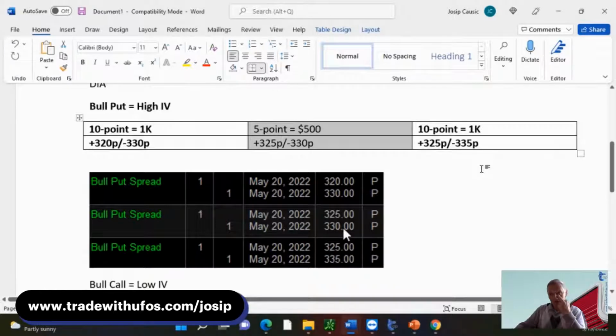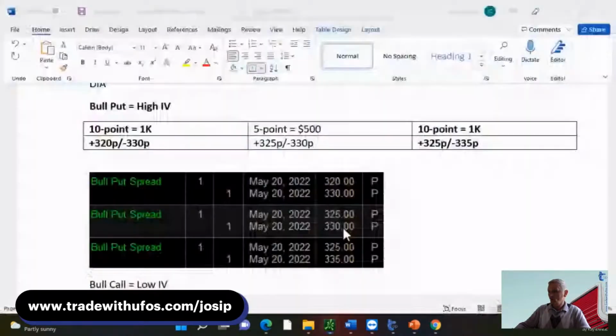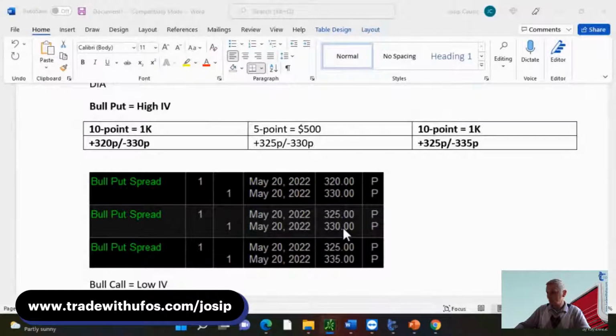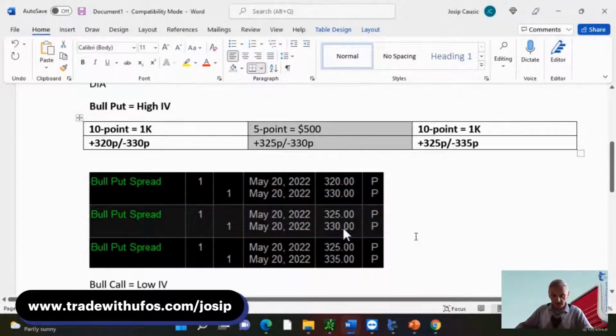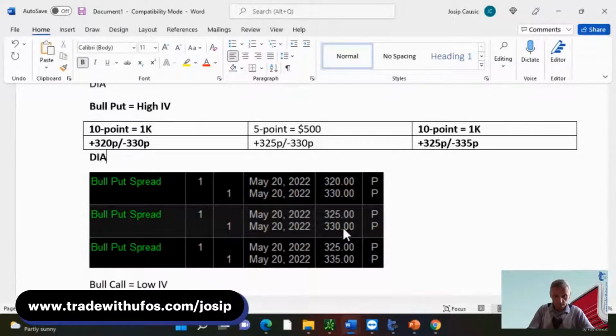Now, what is the one thing that is missing? One thing that is really missing is information on where the current price of the diamonds is. The diamonds are currently trading at 333.61.